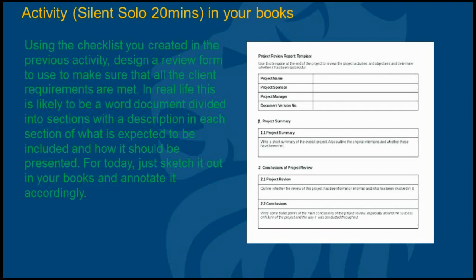But for today you can just sketch that out in your book, but it's a good way of getting to understand what it is that you should be writing about when you're actually doing a review. So just design a form like that, annotate it so that it includes all of the things that you think are going to be required within your review structure.